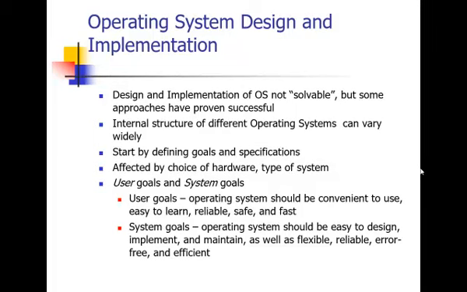It should be an easy design, easily maintained, and flexible, because there will be many applications that a particular user desires to use. So the applications and their maintenance should be easy as well, and it should also be reliable. The outputs that it gives should be accurate.